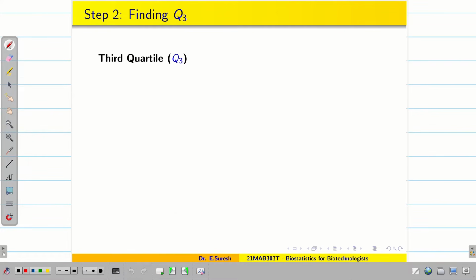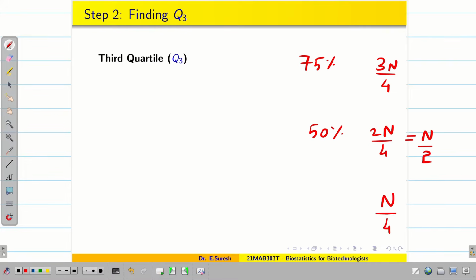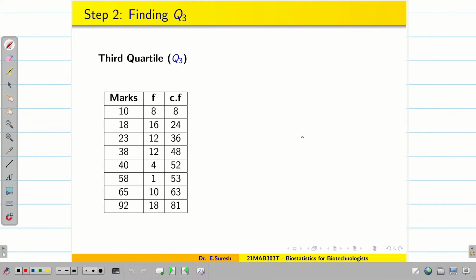Next, to find Q3, you would have guessed it. 75% means 3N by 4. If it is 50%, that is Q2, it means 2N by 4, or we simply say N by 2. For Q1, we say N by 4. Now take the same table. N is 81. Now 3N by 4 is 60.75.